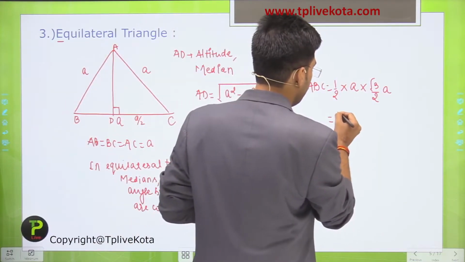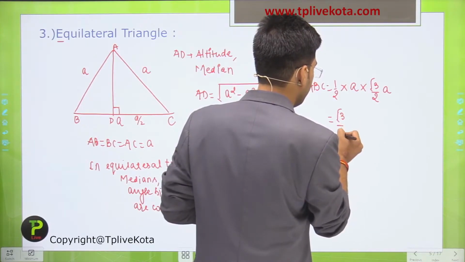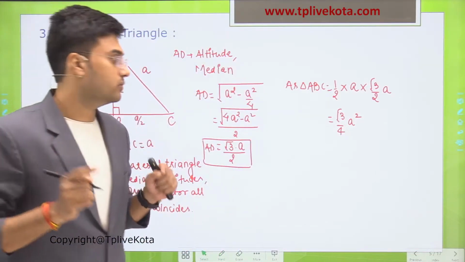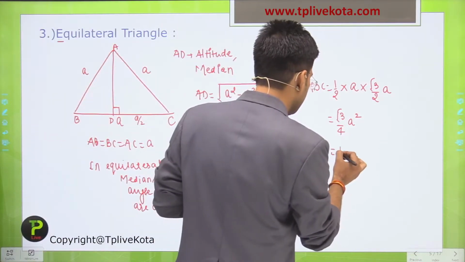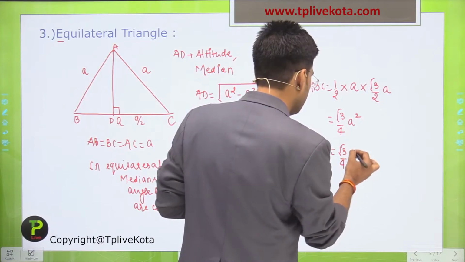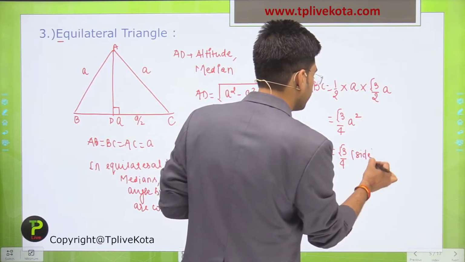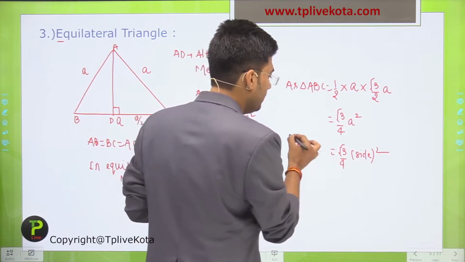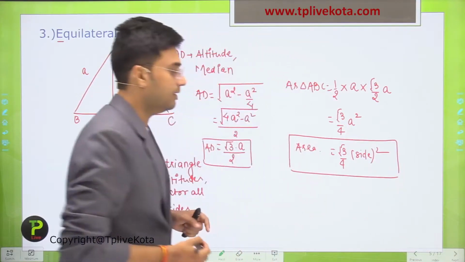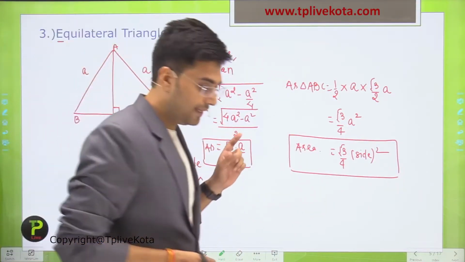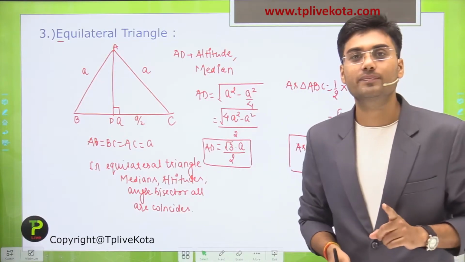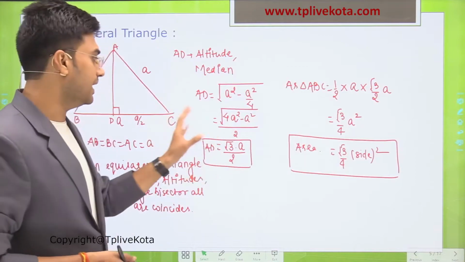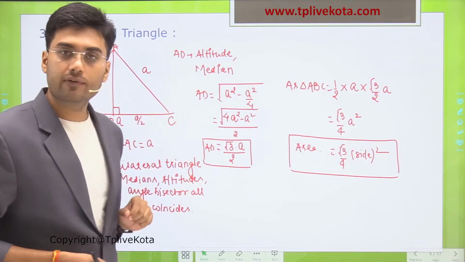Root 3 by 4a square, or we can write it as root 3 by 4 side square. So this is the area of an equilateral triangle: root 3 by 4a square. Clear? Students, I hope you understand how we derive the formula for the area of an equilateral triangle.